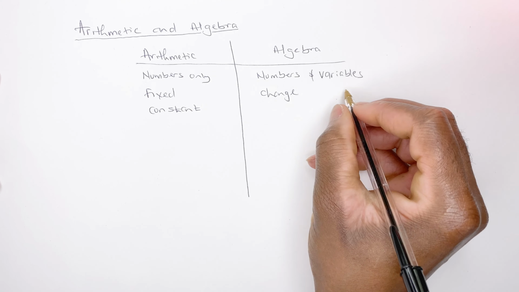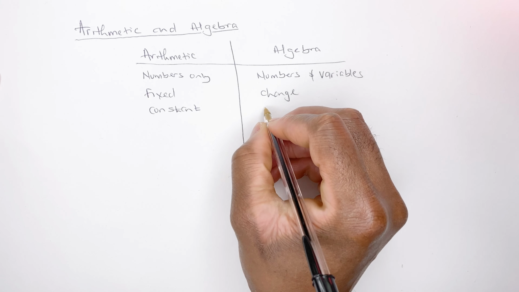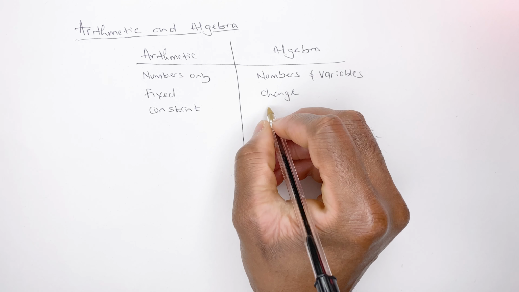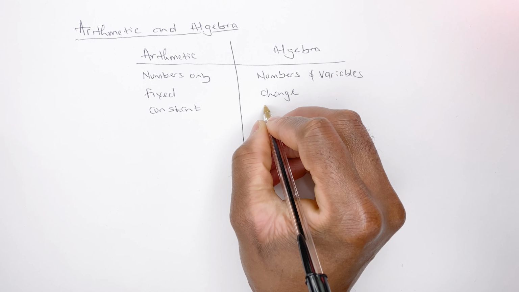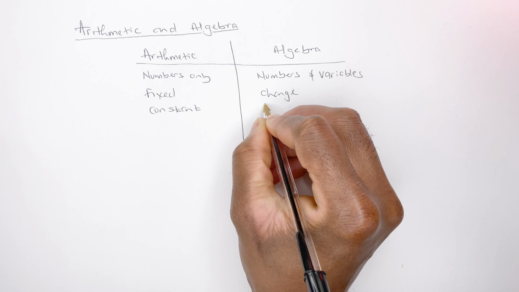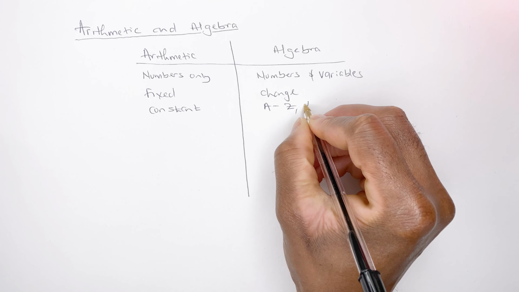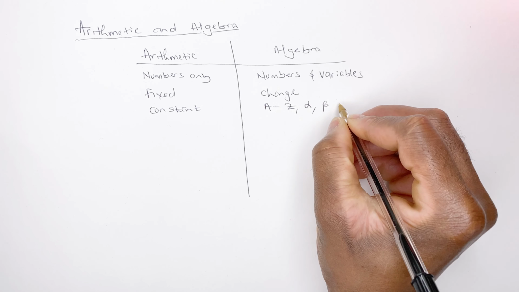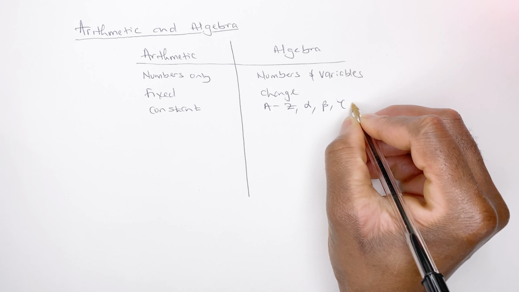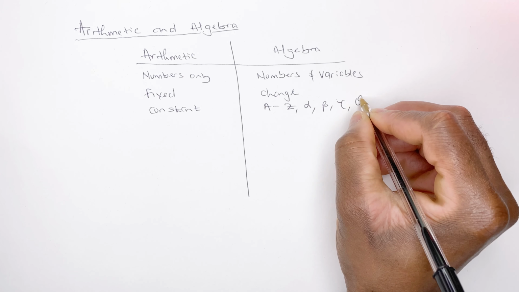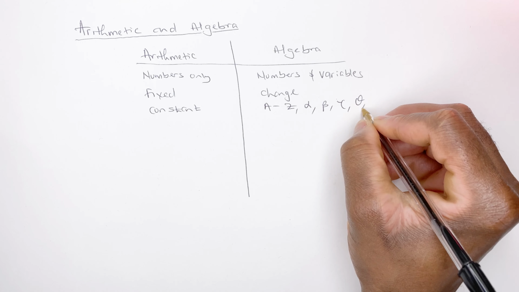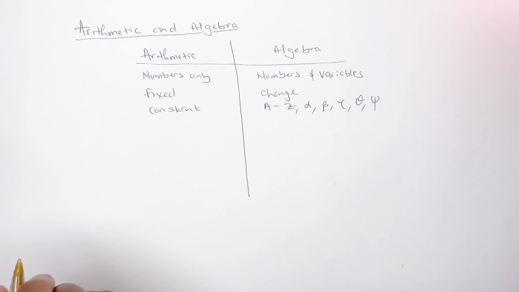And variables, we use letters to represent a number. So we can use letters from A to Z. Sometimes we use alpha, beta, gamma. We might use theta, like in angles, people use theta, psi.